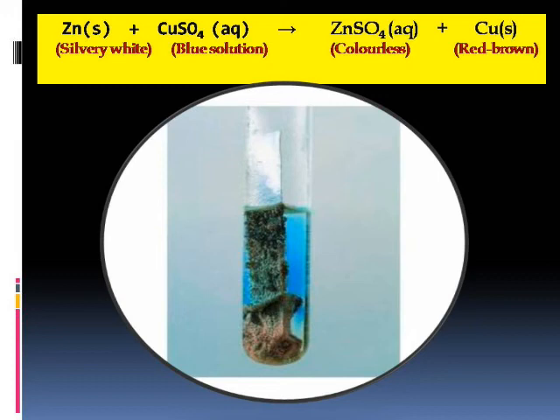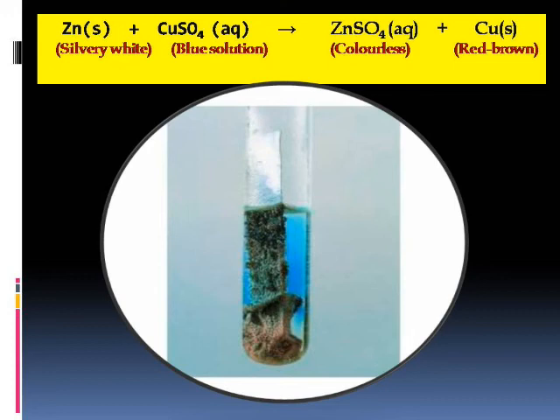In this reaction, the zinc metal is displacing the copper metal from its solution, that is copper sulfate solution. This displacement reaction occurs because zinc is more reactive than copper.